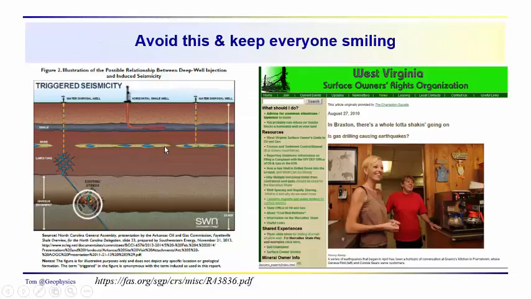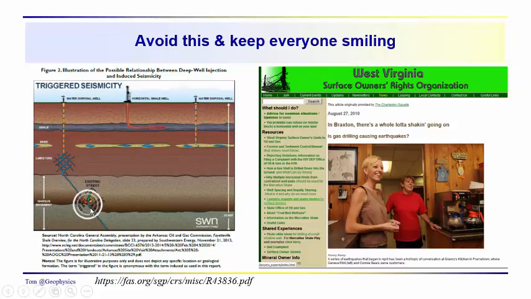Now, it's important to keep everyone smiling, but remember that there's a big difference in the levels of microseismicity associated with hydraulic fracture stimulation and the seismicity that occurs on deeper fault systems near wastewater disposal wells.